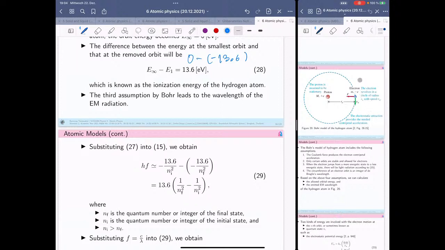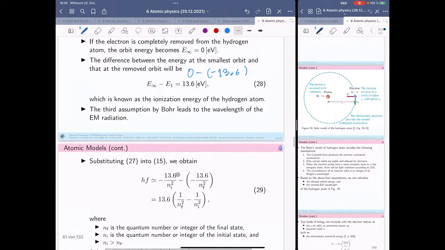For whatever initial state to final state, you start from ni to nf, and the difference of energy released in terms of a photon is Ei minus Ef. Ei is the first term, which is negative, and Ef is the second term, which is also negative.